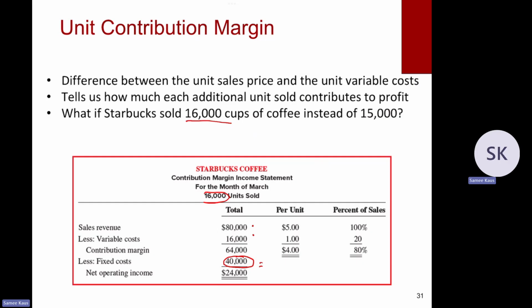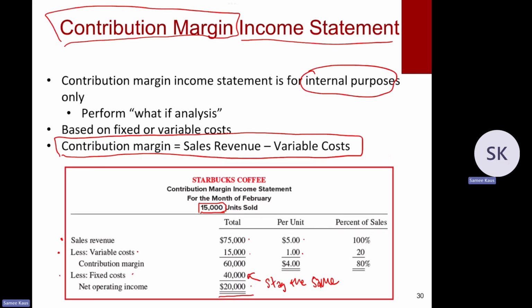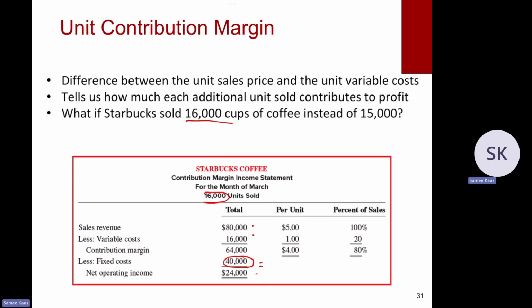So if I sell 16,000, I'm going to earn 24,000 bucks, versus if I sell 15,000, I'm going to earn 20,000 bucks. All else held equal, why would I not try to earn an additional $4,000? Of course, I'm in the business of making money. That's probably what I'm going to try to do.